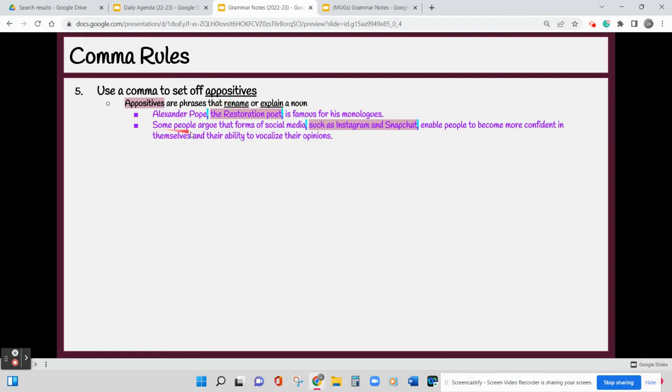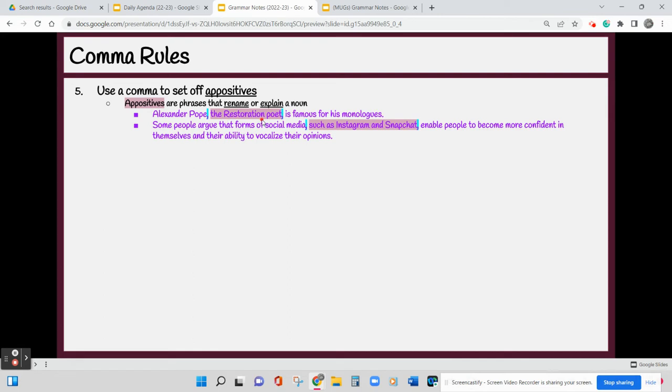Okay, so Alexander Pope, the Restoration poet, is famous for his monologues. The stuff between the commas here, because it renames or explains this noun, we call this part an appositive.